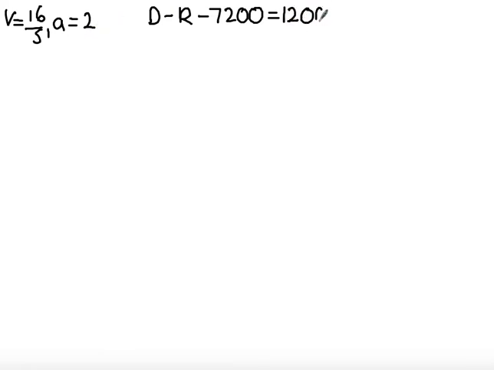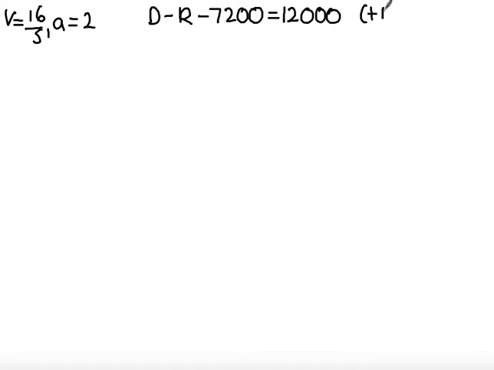So we had velocity equal to 16/5 and acceleration equal to 2. So substituting that into my equation, I get D minus R minus 7,200 is equal to 2 times 6,000, which is 12,000.